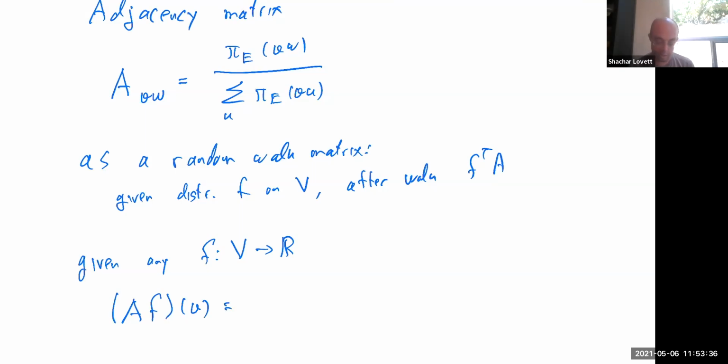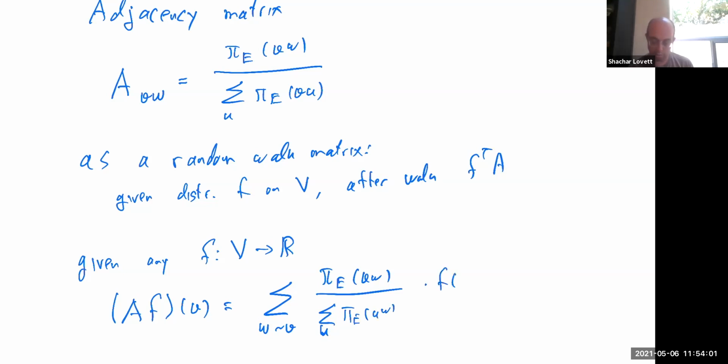It's going to be the sum over all the neighbors W of V of this probability, I copy the same formula again. This is a probability we choose, sorry, I did something wrong here.